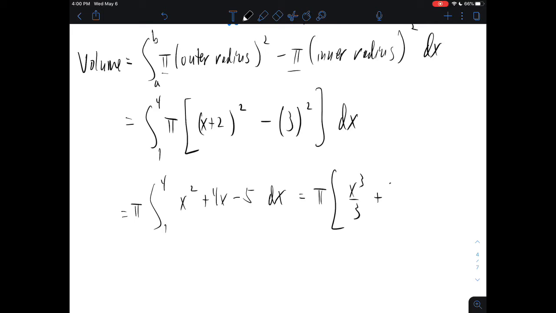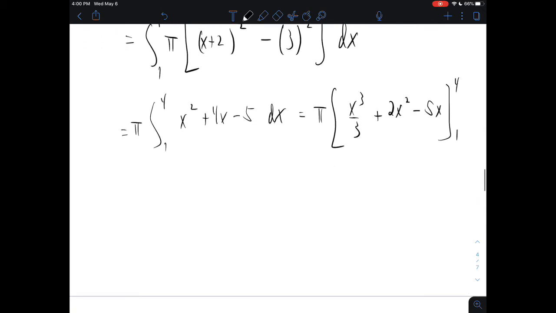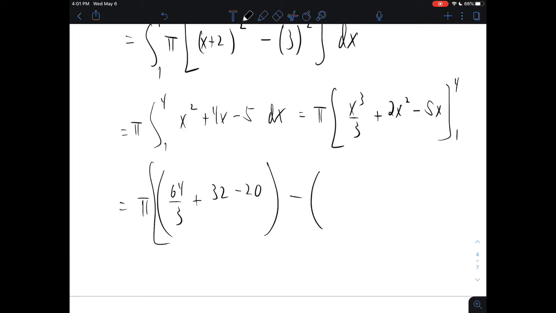Of 4x is 2x squared. Of 5 is 5x. And then I need to plug in 4 and 1. Pi times 4 cubed is 64 over 3, plus 2 times 16, so 32, minus 20. And then minus, plugging in the 1, 1/3 plus 2 minus 5.